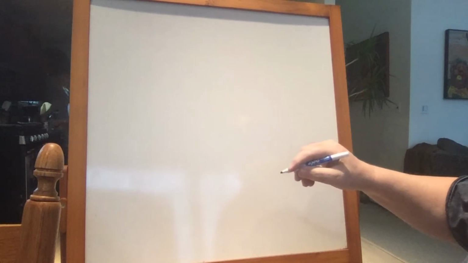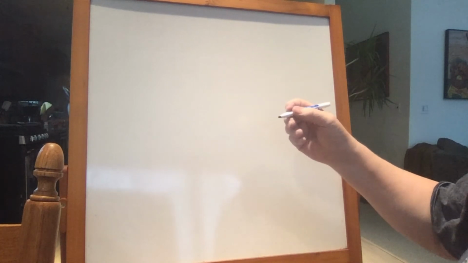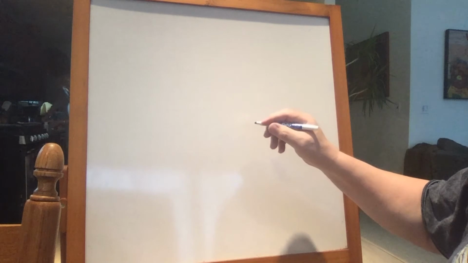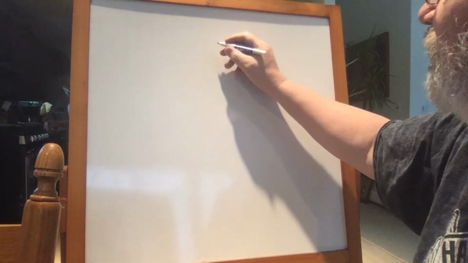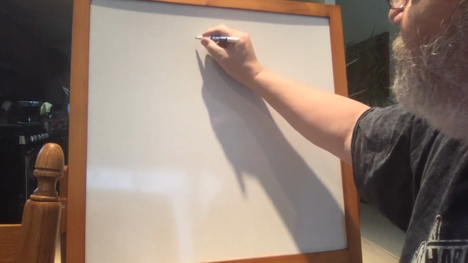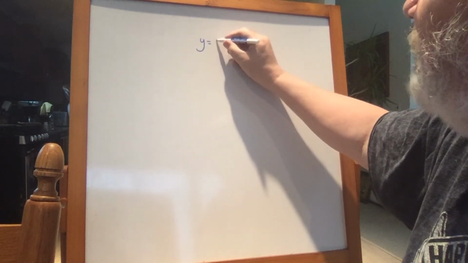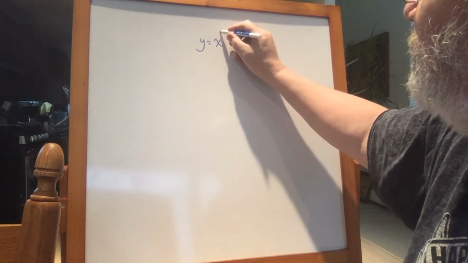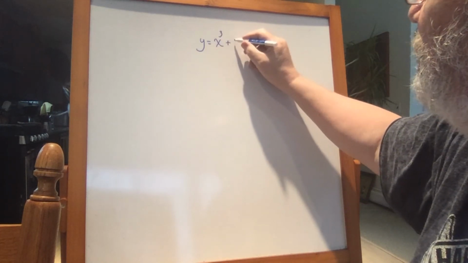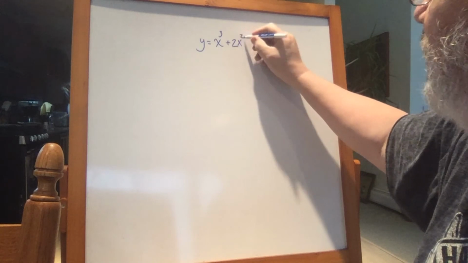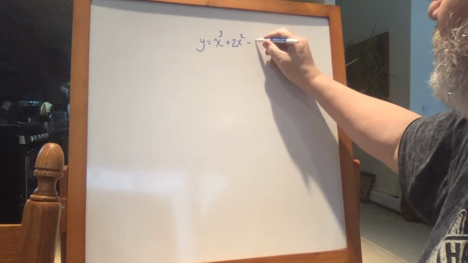Like I said a couple videos ago, derivatives can help us understand plotting and how to do a plot. So if we have a function, let's say a polynomial function, let's say x to the third plus 2x squared minus 9.